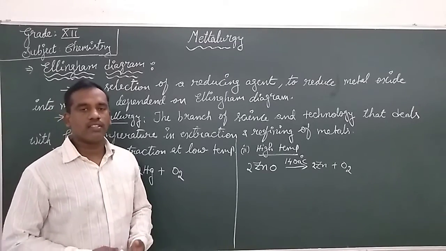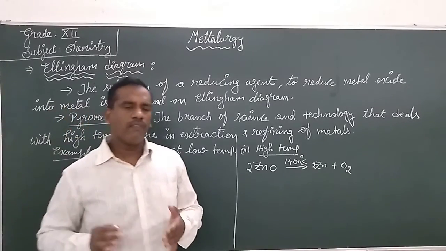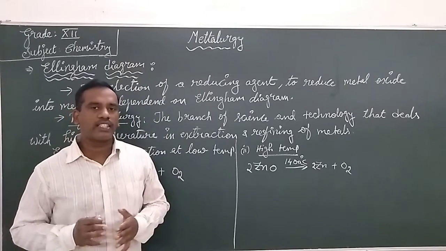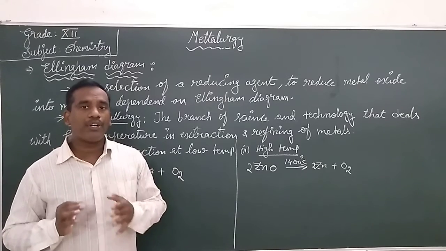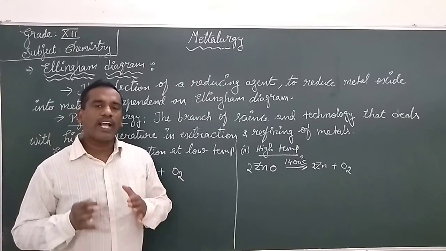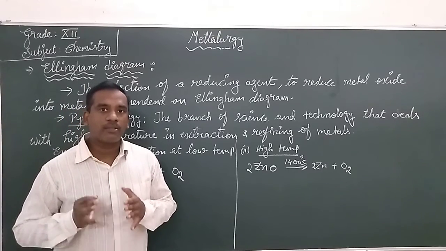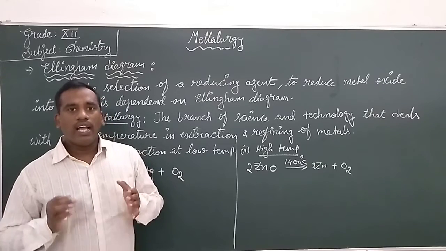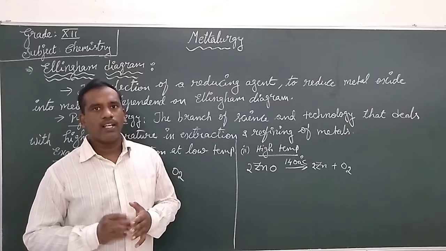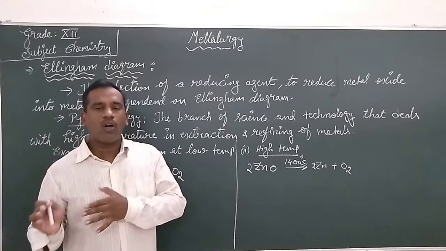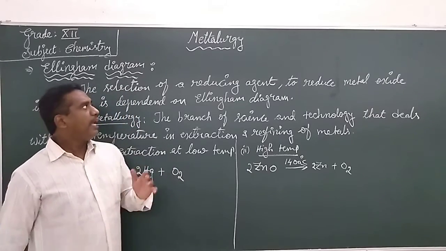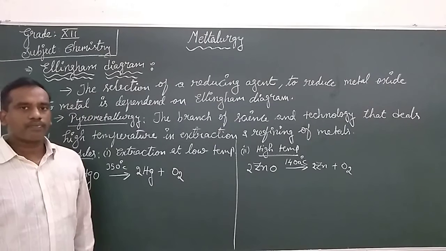Hi students, in the last class we got this point: we are going to discuss the reducing agents that are used to extract a metal from its metal oxide, and the selection of the reducing agent in the reduction of a metal oxide to metal depends upon a topic called the Ellingham diagram.